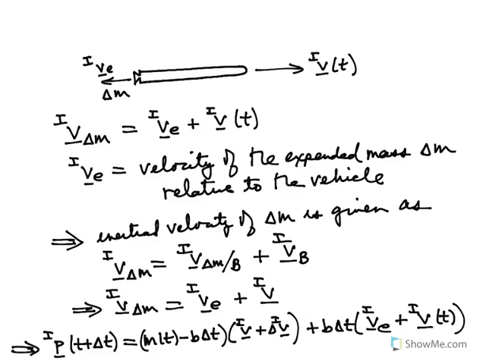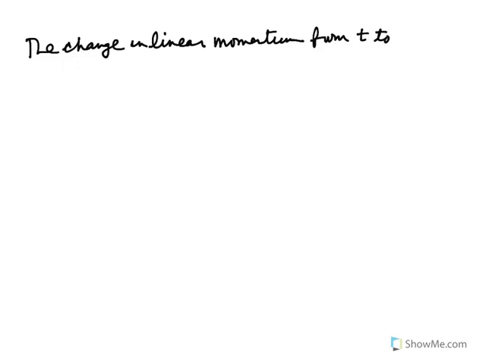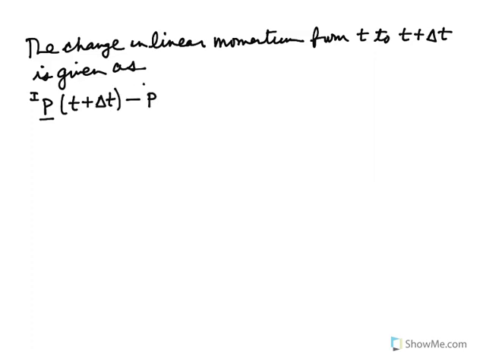So now let's compute the change in the linear momentum. If we take the difference, the change in linear momentum from t to t plus delta t is given as p I of t plus delta t minus p I of t is equal to, well, let's write it out.